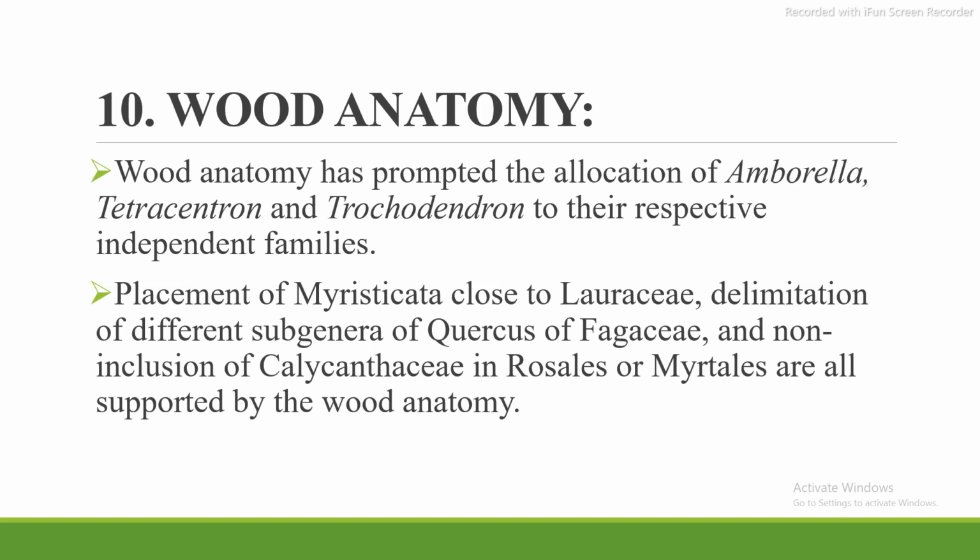Placement of Myristicaceae close to the Lauraceae, delimitation of different subgenera of the Quercus of Fagaceae, and the non-inclusion of the Calycanthaceae in Rosales or Myrtales are all supported by the wood anatomy.